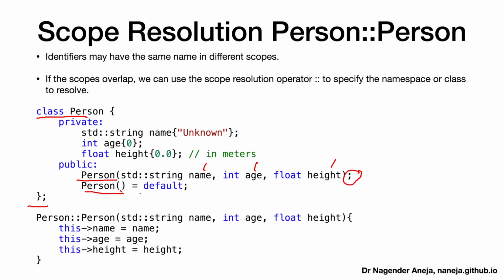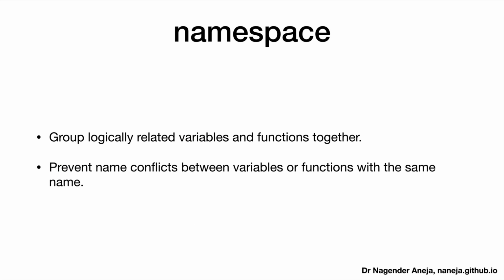So here we are saying that if no values are passed, then we'll use the default constructor. But if the values are passed, then we'll use this constructor, which we have not yet defined. So here we'll write that this person is from the person class, and it is accepting name, age, and height, and we are assigning these values.